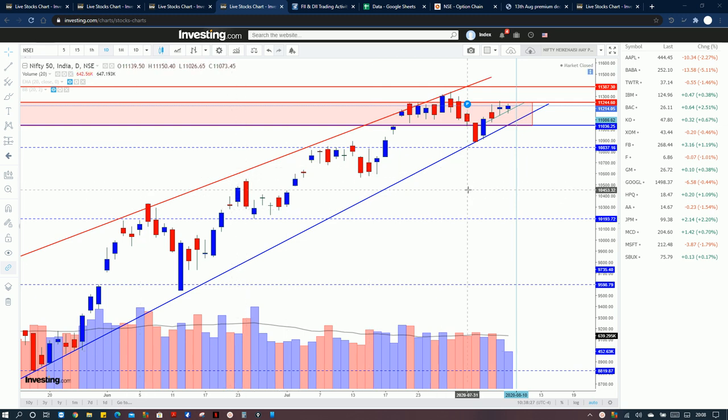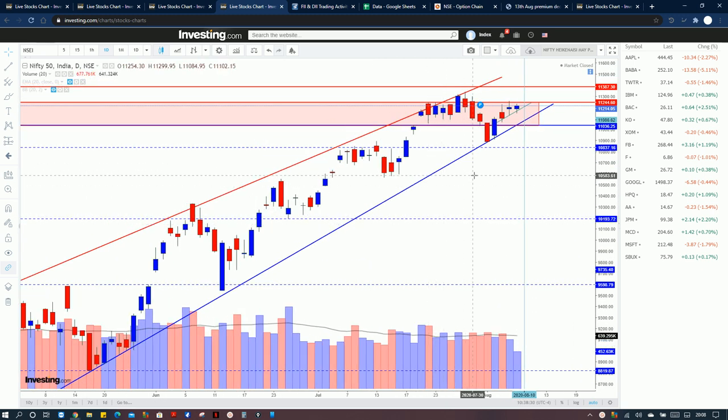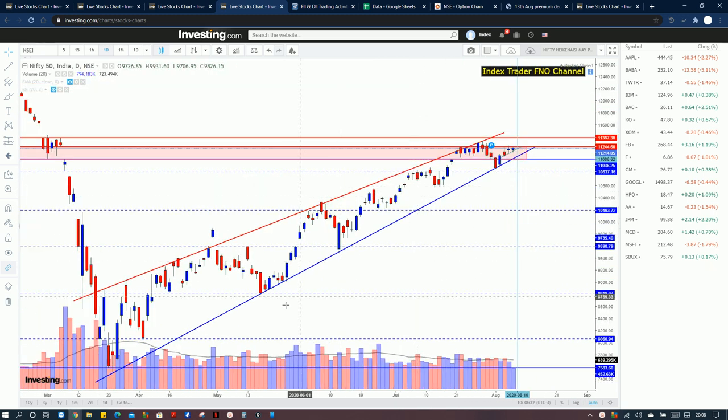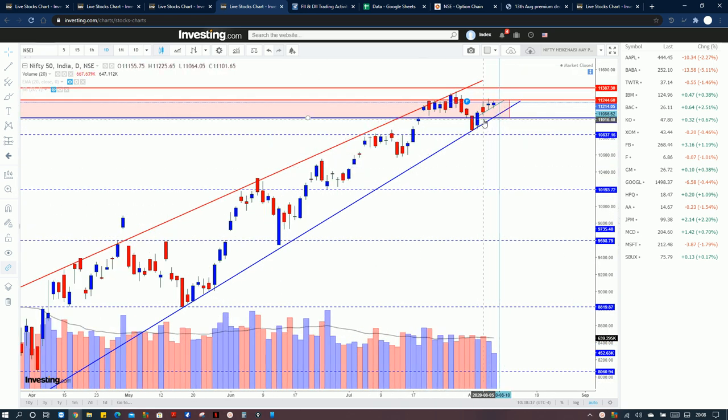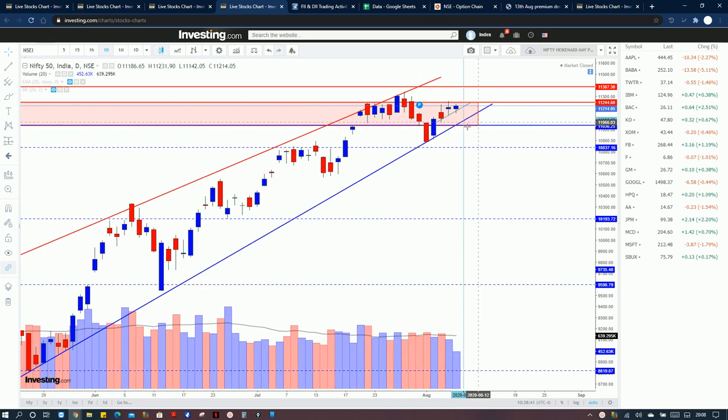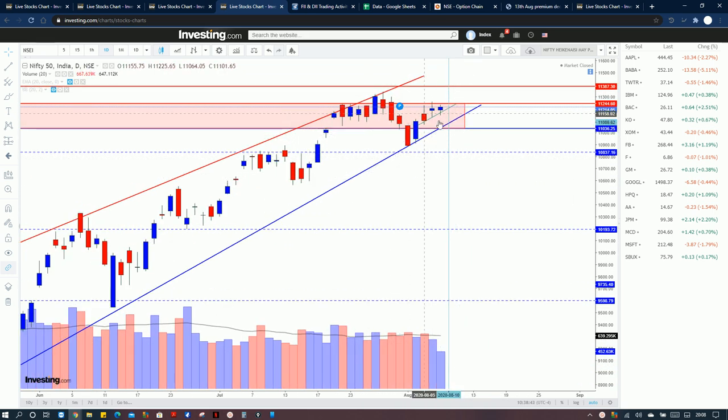Now we move on to the price action of the daily candle chart. Here we can see that Nifty is getting support at this trend line, which is acting as a strong support. Even on the fall it took support near that, and temporarily we can say a support has formed here for the last 3 days.